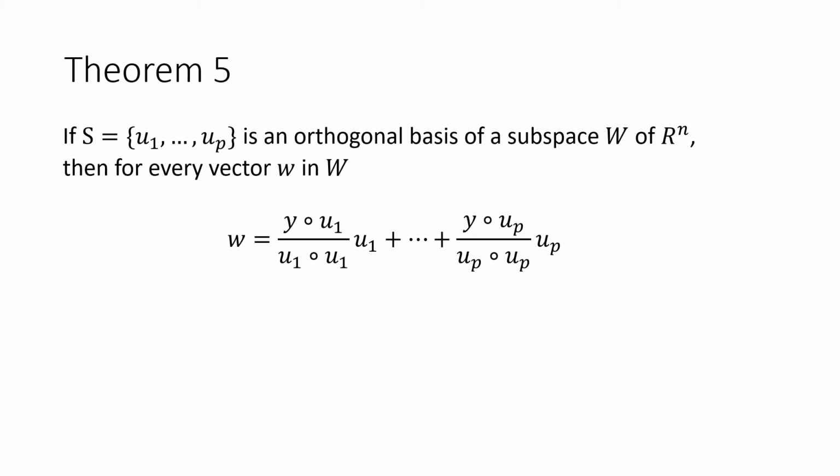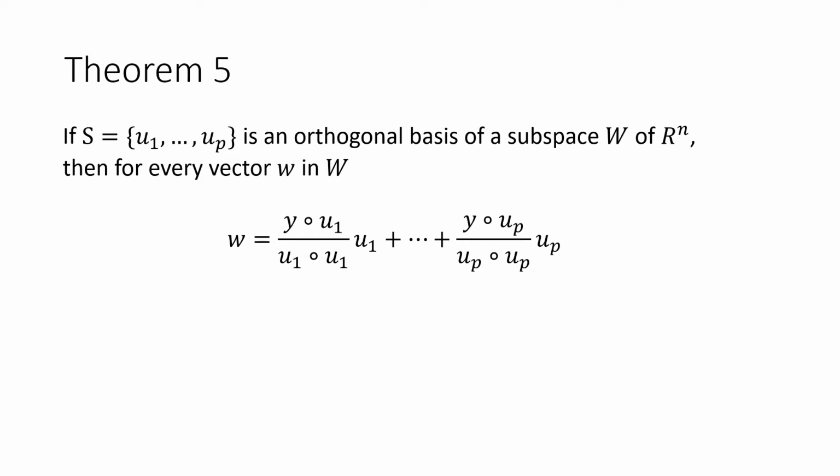Why are these things nice? Well, when you have an orthogonal basis, some of the calculations start to get easier. You can think about how much easier it is to think about things in terms of your standard basis over any other basis. Well, if your basis is orthogonal, a lot of calculations work out easier.